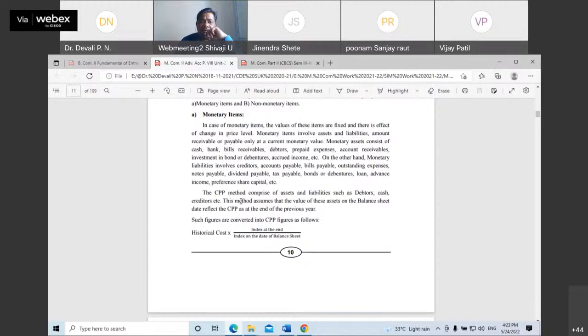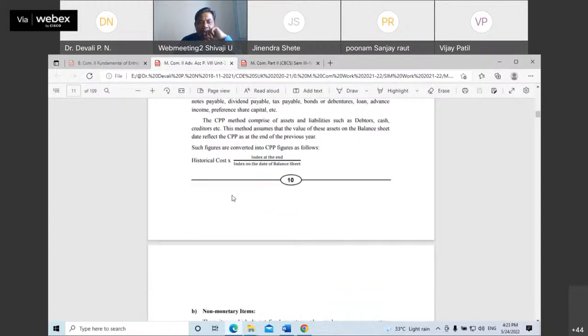Now see, under this particular CPP method, we are going to reflect the values of different kinds of items which are shown in the balance sheet. Some of the figures we convert into CPP, and that is reflected in the balance sheet. There is the historical cost, and this historical cost is multiplied by the index at the end, upon the index on the date of the balance sheet.